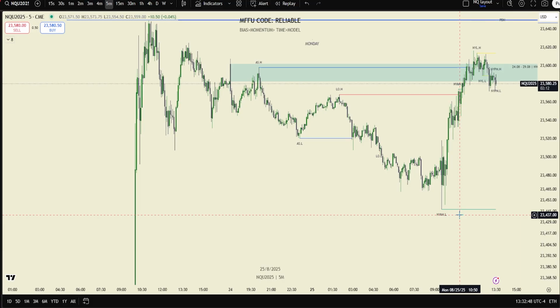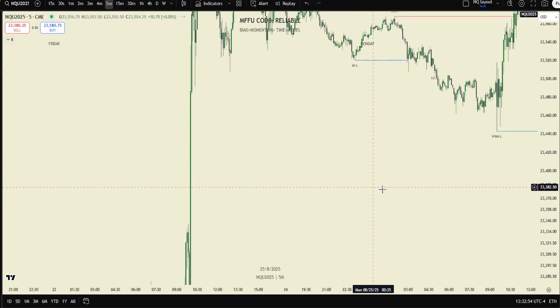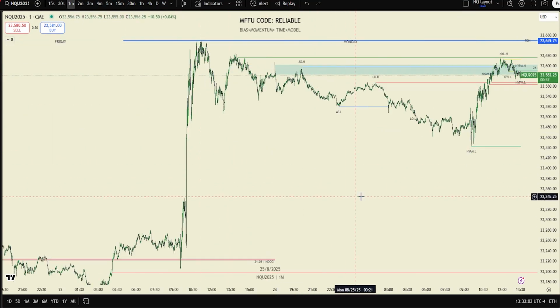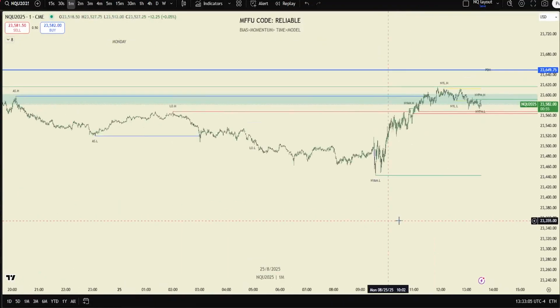It just creates a setup that's more high probability. The only time 50 is needed is when there's a very obvious liquidity target that aligns with 50. But there's no liquidity target here at 50. So I don't really get married to it.